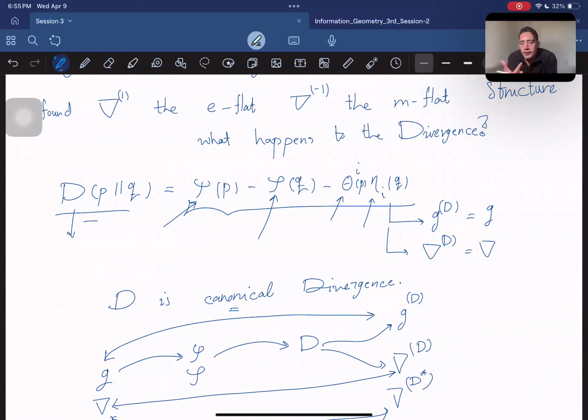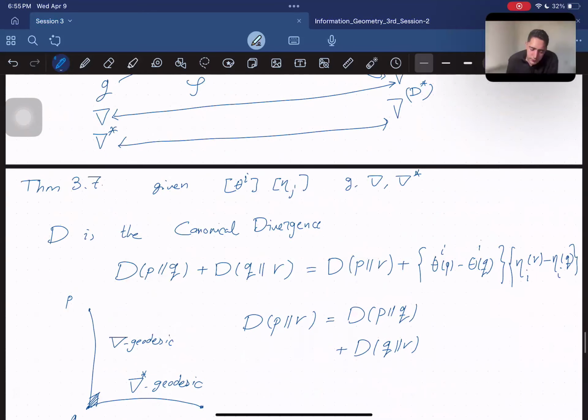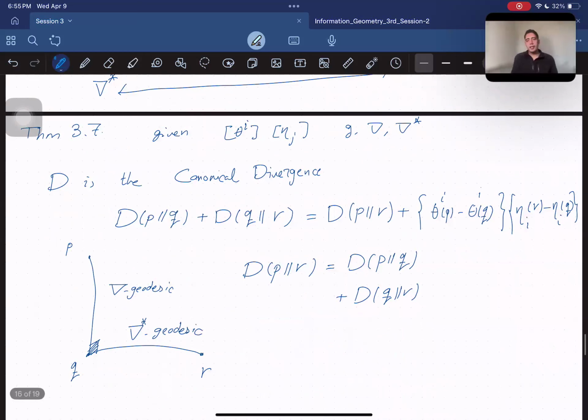Again, it's very simple because of the definition of psi and phi, which was the supremum over a set. And for you to see that this D here would satisfy all the conditions of the divergence, you could see through this that if you want to have the triangle condition, where for any metric D in a metric space, you take a look at this, and this should be bigger than this.